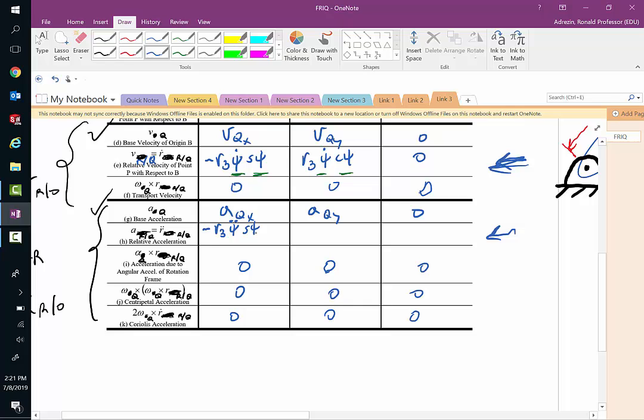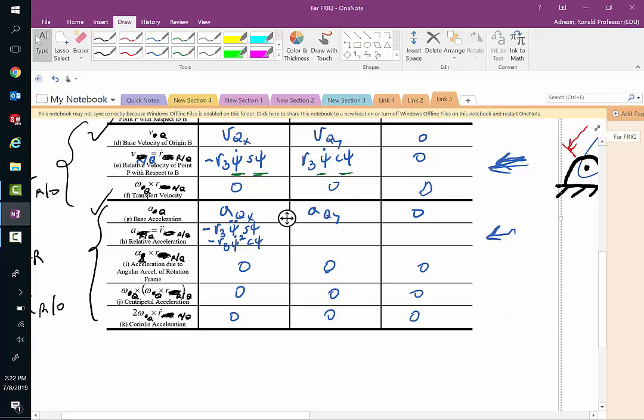Now, if I hold the psi dot constant, I'd have my minus R3 psi dot, derivative of sine psi, use the chain rule, is what? Cosine psi times a psi dot. So that becomes psi dot squared cosine psi. Similarly here, I need the product rule and the chain rule.